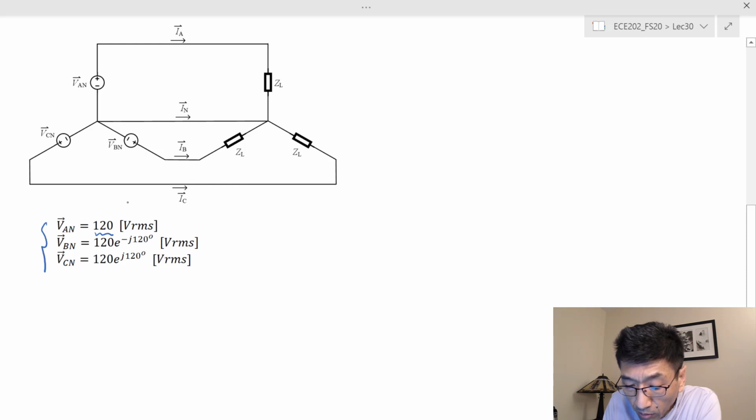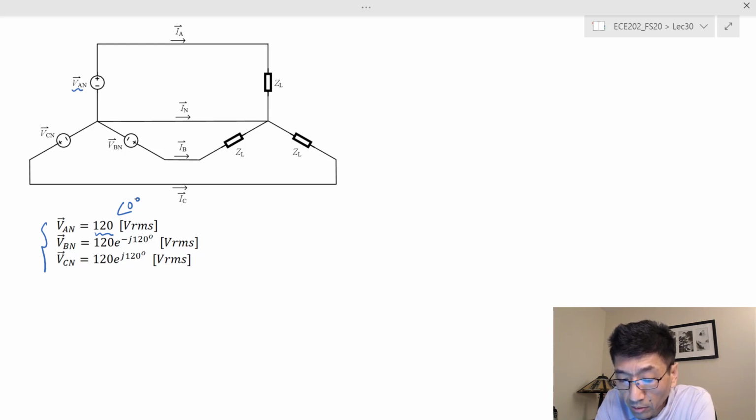So the phase angle for VAN, this voltage, this is 120, basically this phase angle is 0. Right? So the angle is 0. And for VBN, that's negative 120 degrees, right? The same magnitude. For VCN, it's positive 120 degrees.